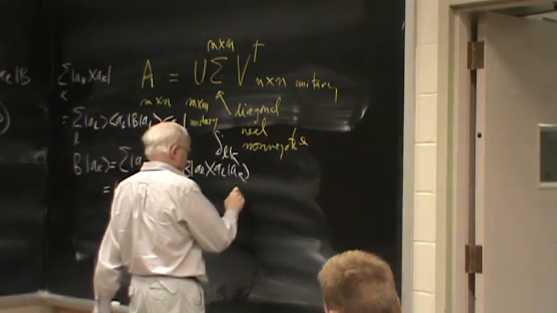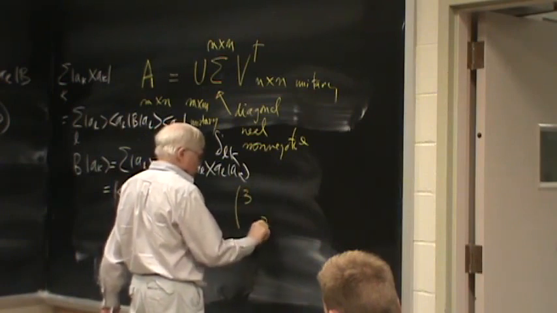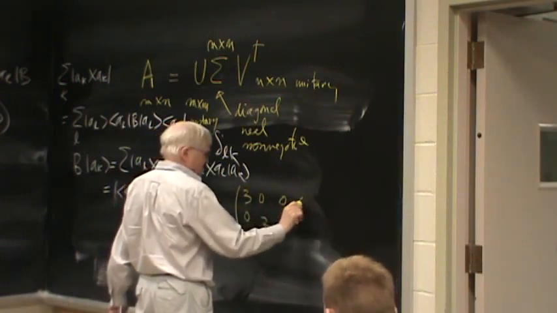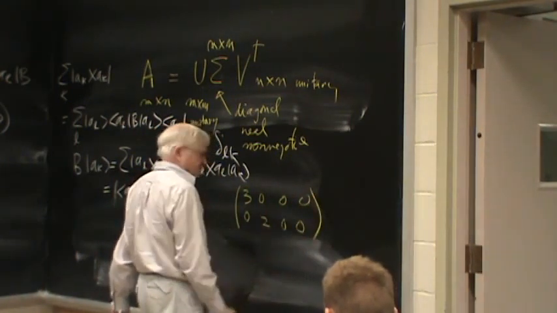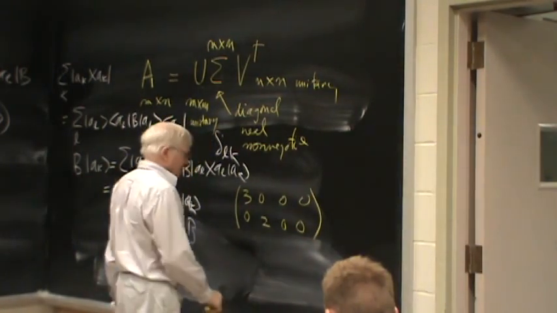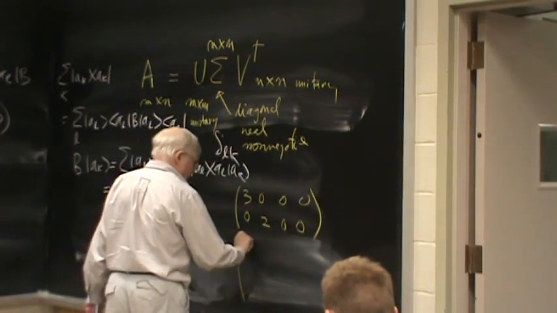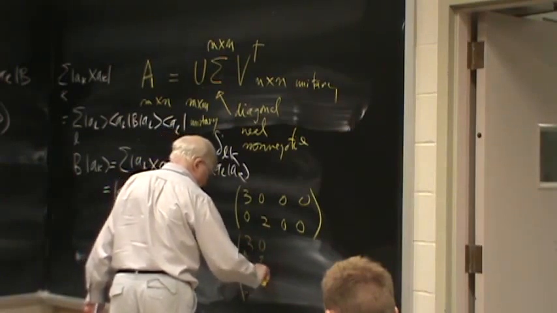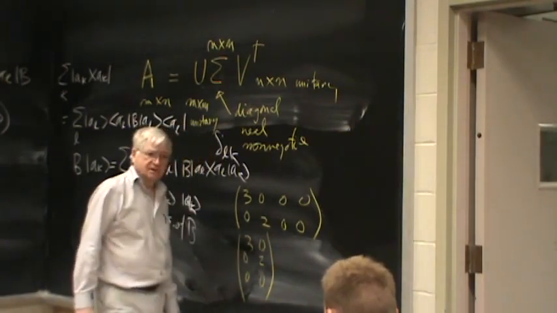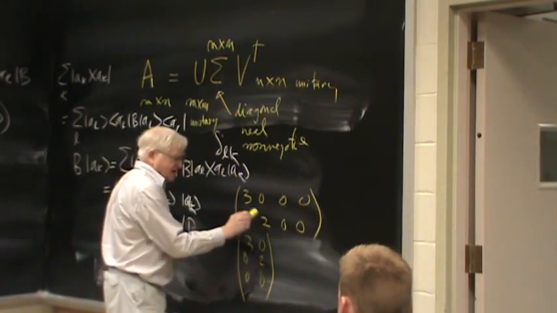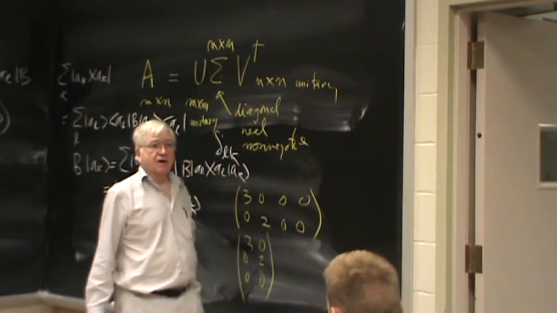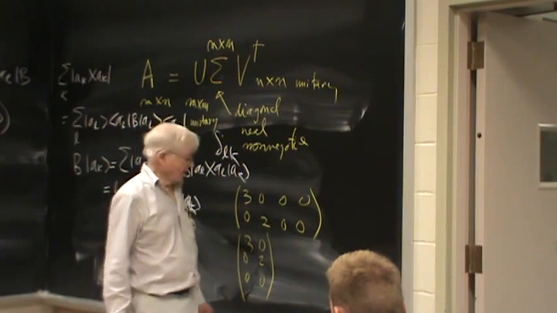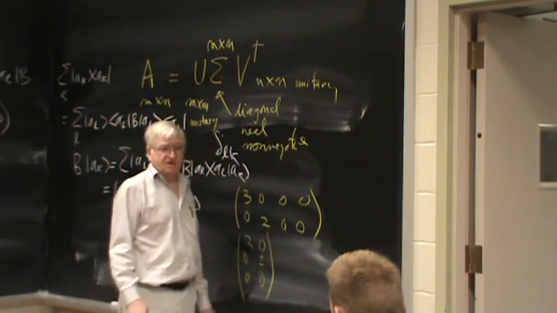It might look like this: 3, 2, 0, 0, 0, 0, 0, 0. Or it might look like 3, 0, 0, 2, 0, 0. So on the main diagonal, the elements are positive or zero, and all the other elements are zero.